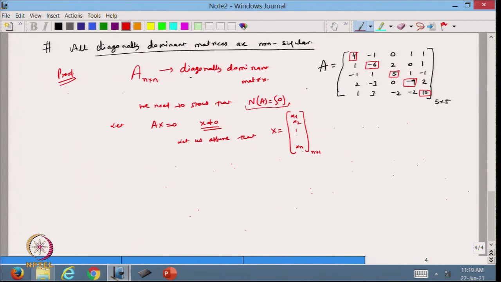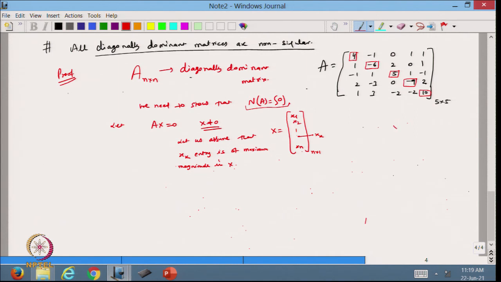So, let us assume that I just take somewhere x k. Let us assume that the x k entry is of maximum magnitude in x, because x is going to be a vector.